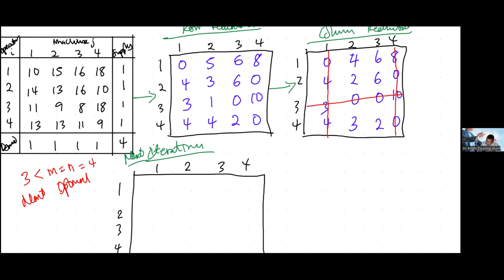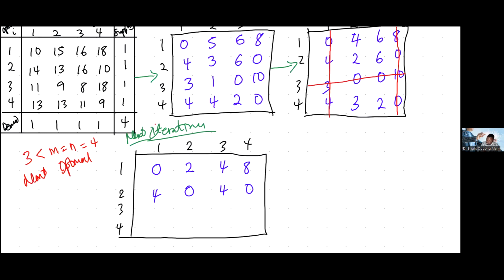So 2 from this is already 0. 2 from 4 is 2. 2 from 6 is 4. 8 is already crossed. 4 is already crossed. 2 from 2 is 0. 2 from 6 is 4. 0 is already crossed. 3 is an intersection, so we add 2 to it, which is 5. 0 is already crossed. 0 is already crossed. 10 is an intersection, so we add 2 to it. 3, 4 is already crossed. 2 from 3 is 1. 2 from itself, that. And 0 is already crossed.